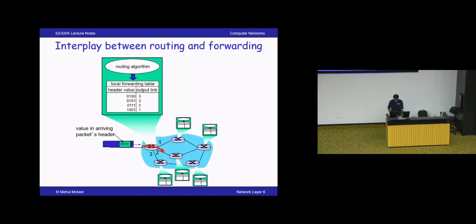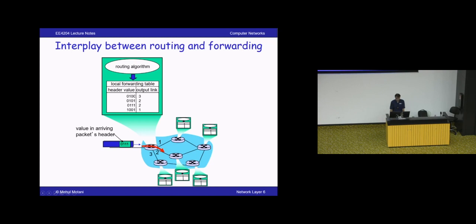So I think I have an example here. Here is the interplay between routing and forwarding. This is an example of a small network, a 6-node network. The edges represent connections between the nodes. I'm specifically looking at this router here, and this router has a forwarding table that looks like this.